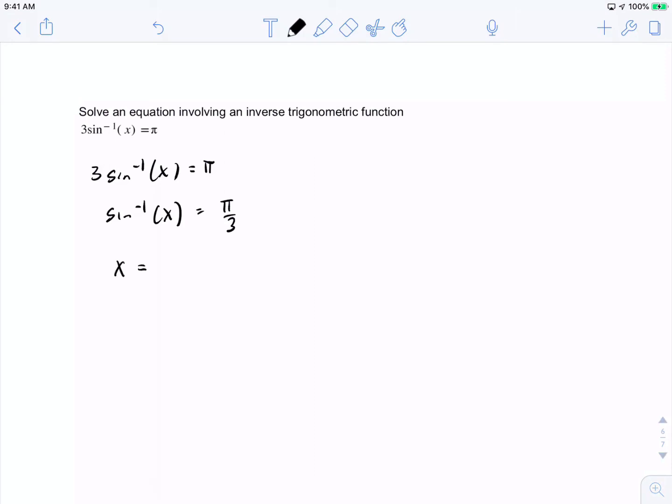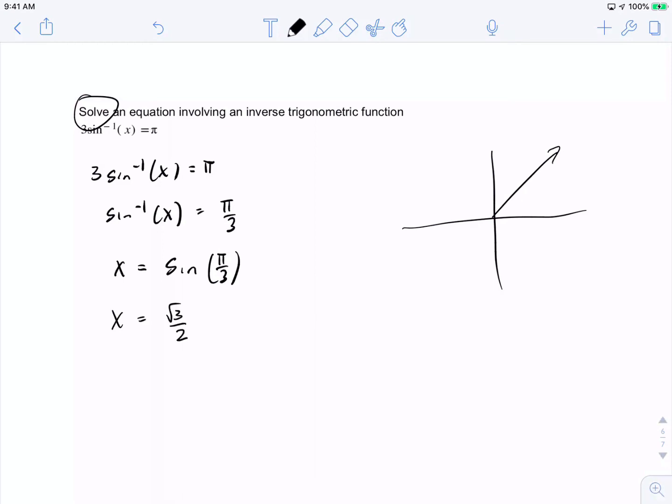Then taking sine of each side, I get x is equal to sine of pi over 3. We just did a problem like this, and we know that the x value is going to be equal to radical 3 over 2.